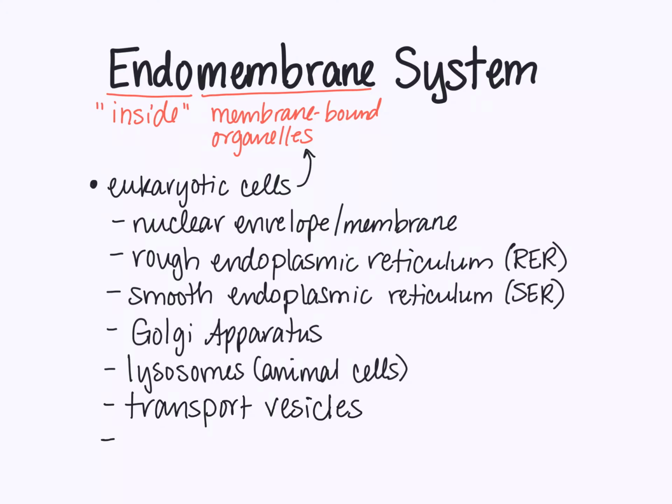And then I'm going to go ahead and add the cell membrane in brackets here, because the cell membrane is not technically inside the cell, it's around the cell. So it's not technically part of the endomembrane system, but all of these membrane-bound organelles, and especially the membrane components of them, interact with the cell membrane. So it's important to talk about it as we talk about the endomembrane system.